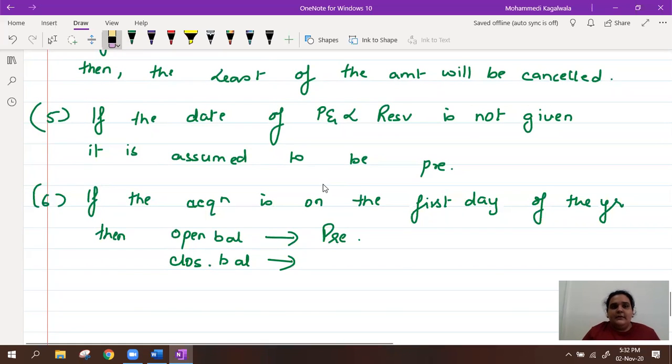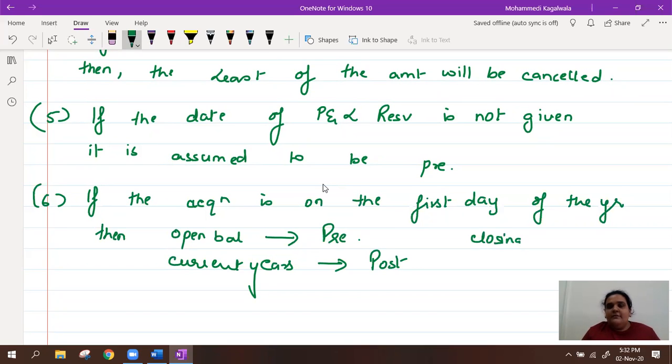We have to treat the current year's profit. So opening will be pre and current year's profit will be post. They will give you opening and closing balance, and we will find the current year's profit with the help of opening and closing. So opening will always be pre, and current year's profit will become post, not the closing balance.